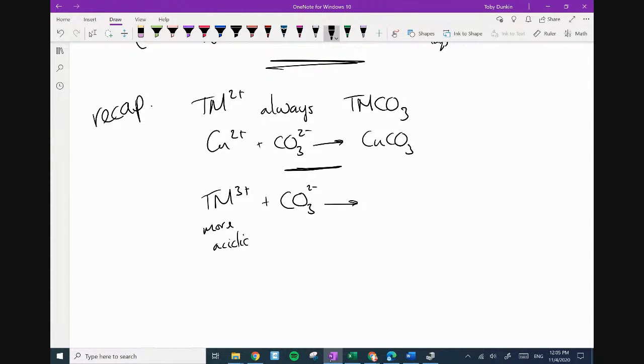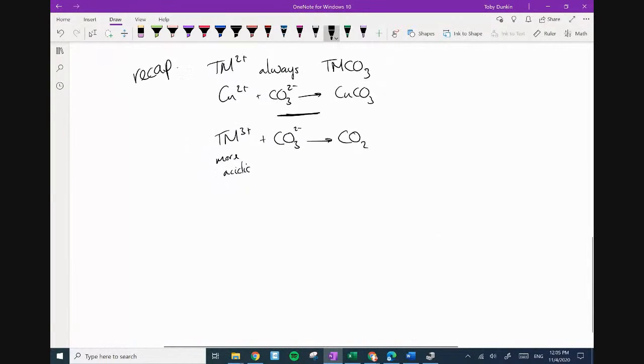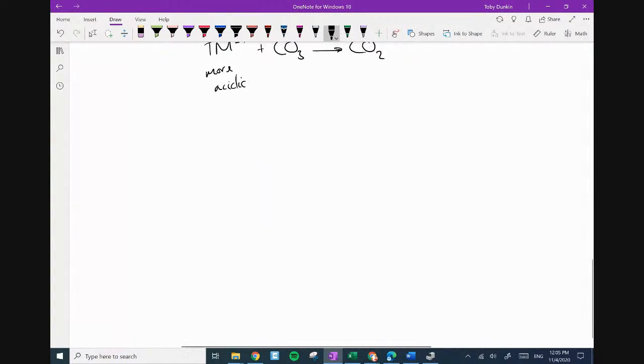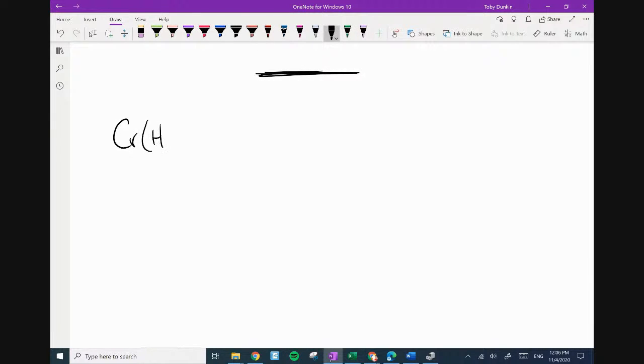What's going to happen is the CO3 2- ion is going to get turned into carbon dioxide, and it's going to do that by providing its H+. So the overall equation is chromium 3, everything starts off hexaaqua, 3+, pH 3, very acidic, reacts with a carbonate ion.